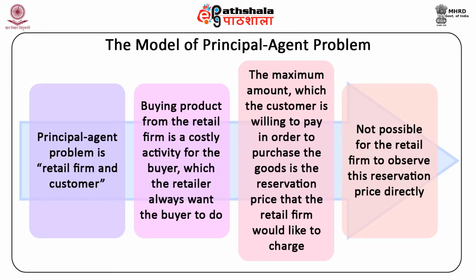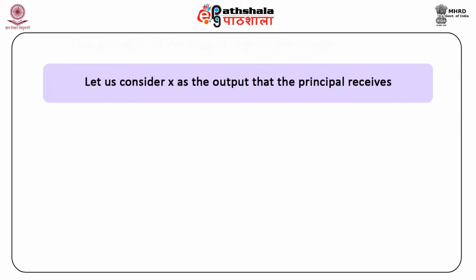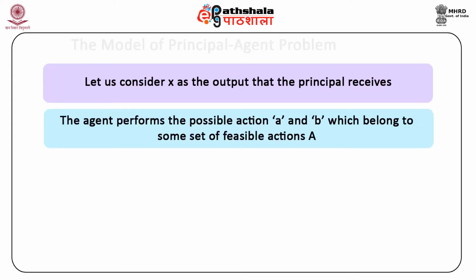We describe below the manager worker problem as the principal agent problem. Let us consider X as the output that the principal receives. The agent performs the possible actions A and B, which belong to some set of feasible actions A. Also assume that there are only two feasible actions, though we do not put this constraint right now.